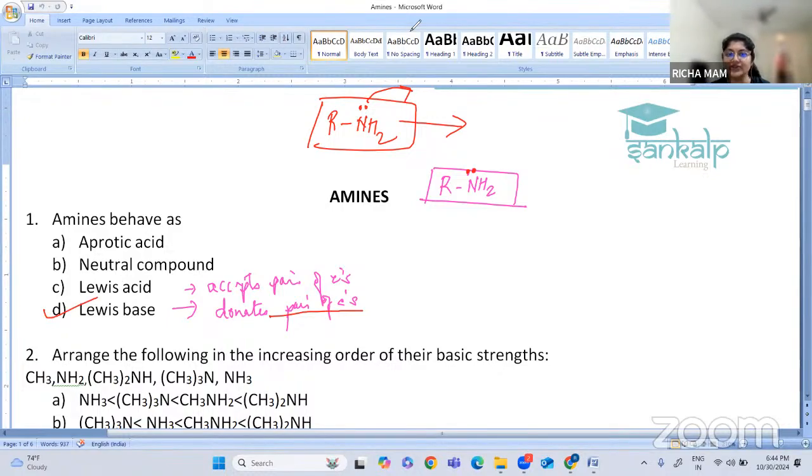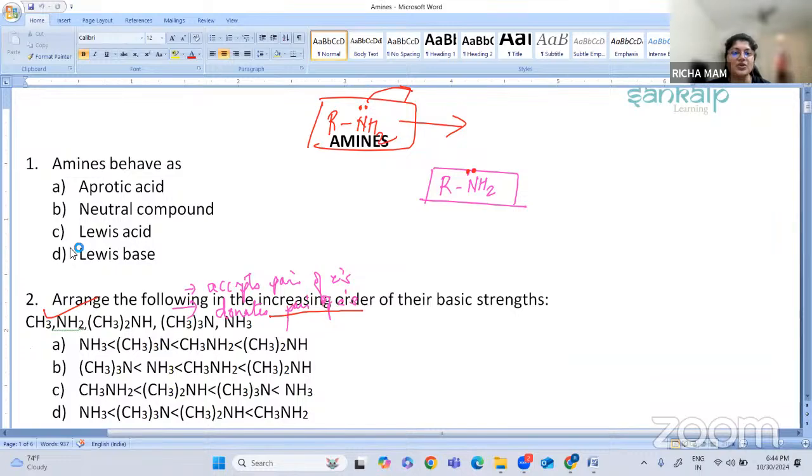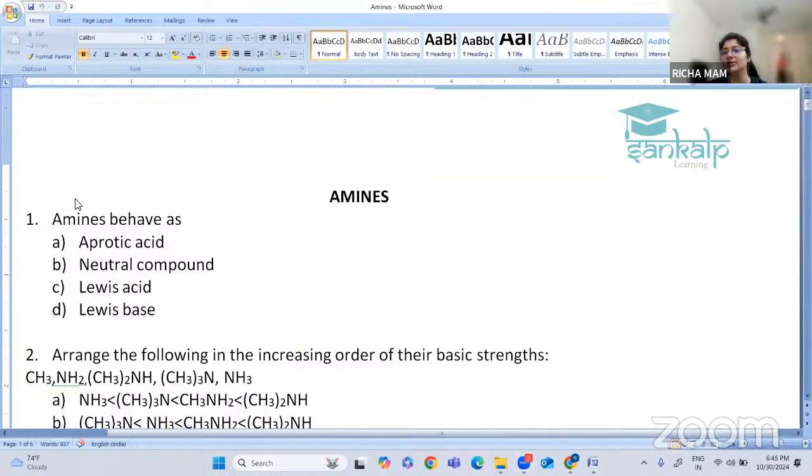Sri Varuni has answered it correctly, and Karima also answered D. Very good. Amines behave as a Lewis base because nitrogen has a lone pair of electrons, so they are able to donate the pair of electrons. So option D is the answer.